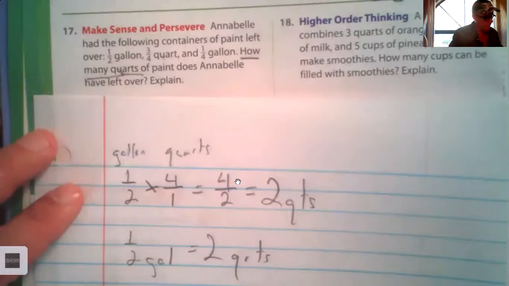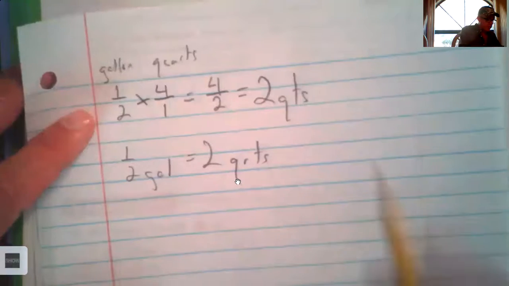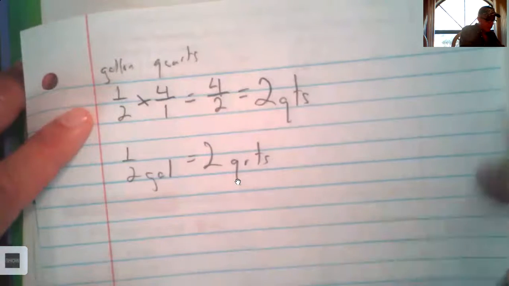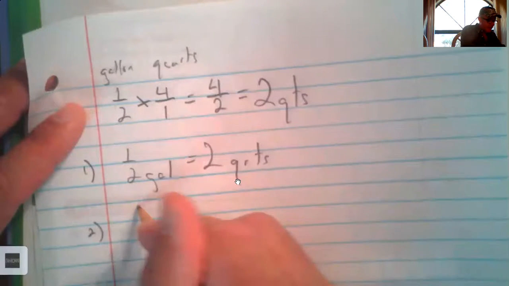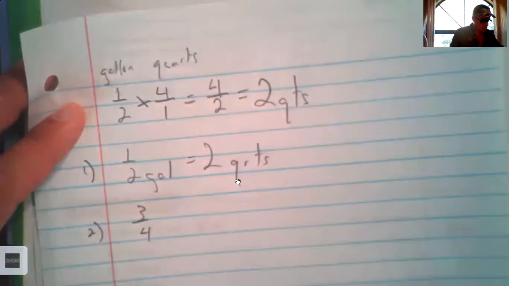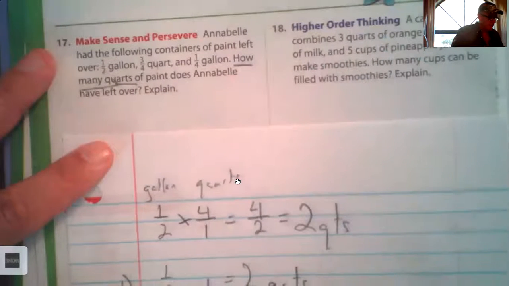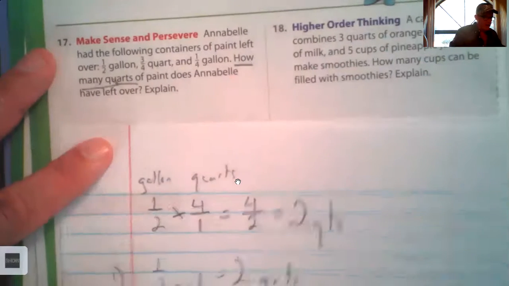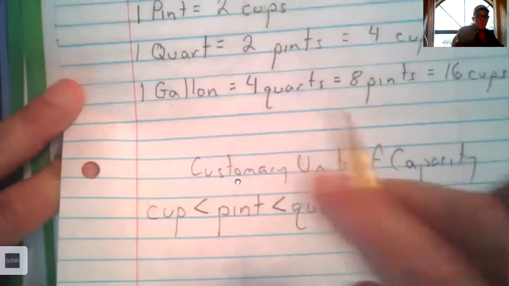What's our next one? Oh, it's wonderful. They gave us 3/4 of a quart. We don't have to do any conversion there. So our first is 2 quarts, and our second is 3/4 quarts. And then finally, we look at 1/4 gallon. I see that 1 gallon is 4 quarts.